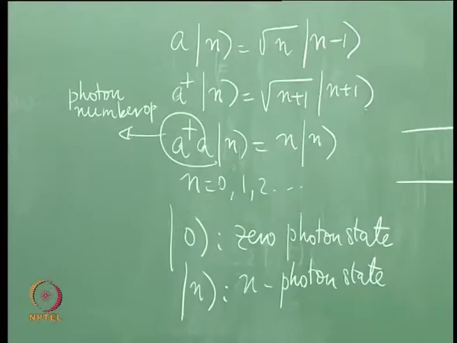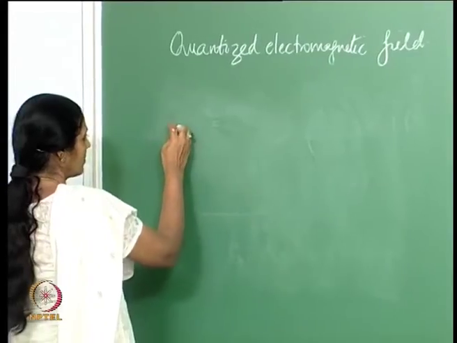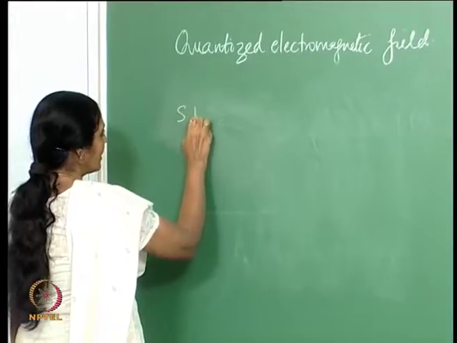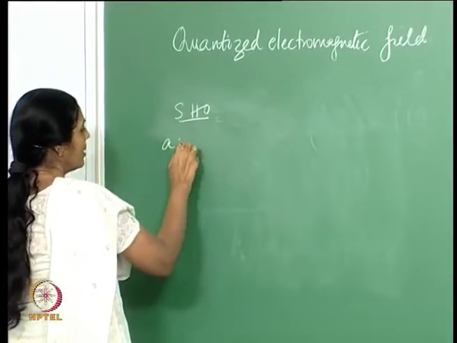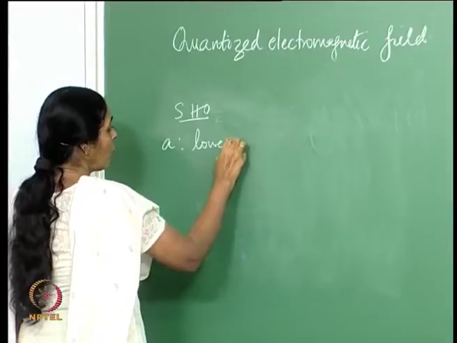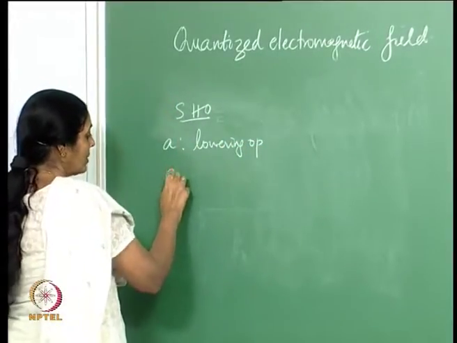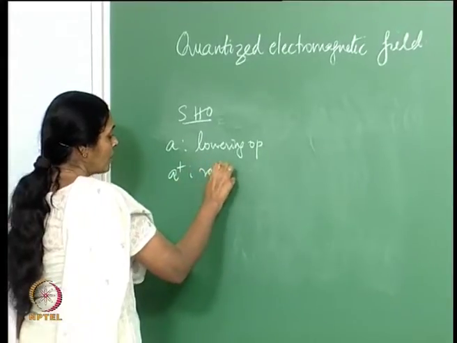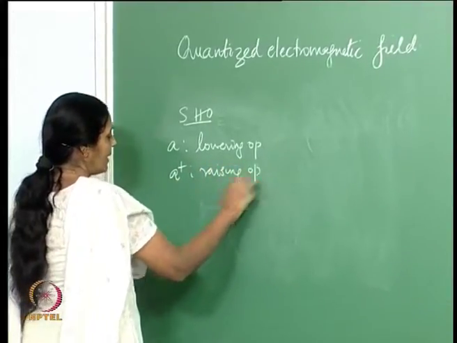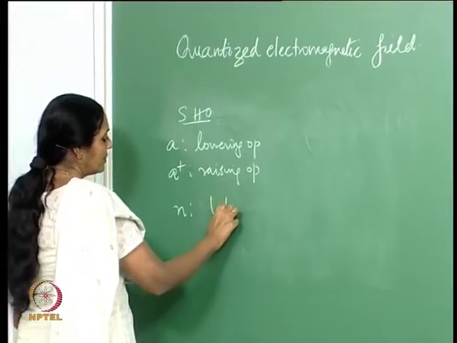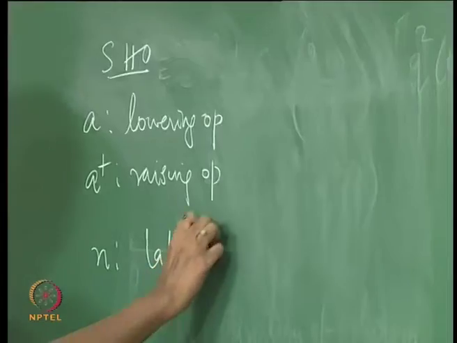It is well worth pausing at this point and getting the identity straight. In the case of the simple harmonic oscillator, A was the lowering operator which took us from one energy level to another, A dagger was the raising operator, and N was merely a label for the states.